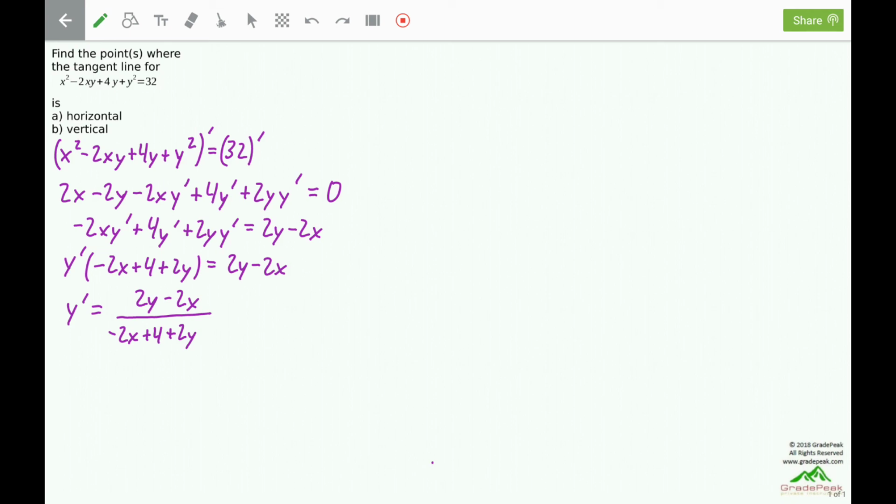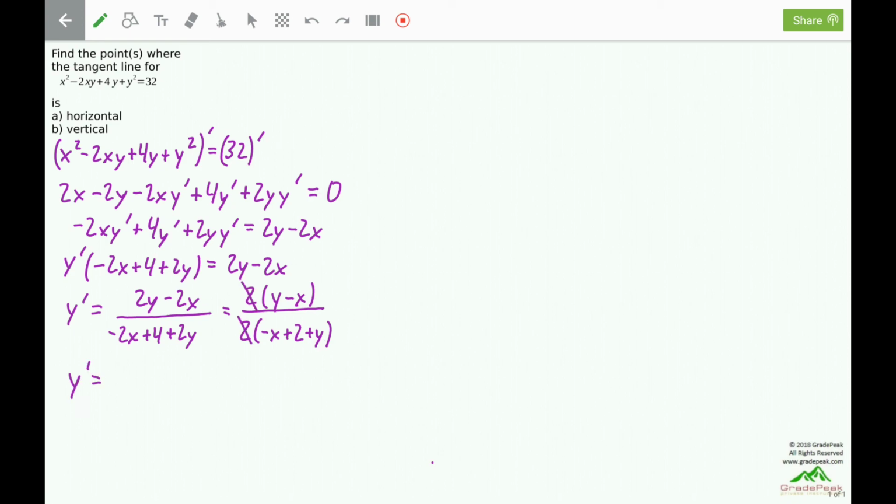Since the coefficients of all the terms in the numerator and denominator are even, I can factor a 2 out of the numerator and denominator. Factoring a 2 out of the numerator will give us y minus x. In the denominator will give us negative x plus 2 plus y, and those 2's can cancel.